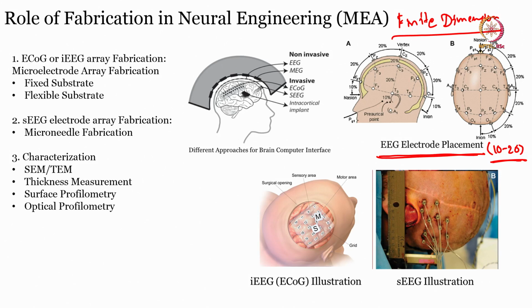Again, why is it called 10-20? Very quickly, this part you can see here is known as the nasion, just above your nose. When you scroll your finger along the back of your head, there will be a slight transition or trench, and that is your inion.